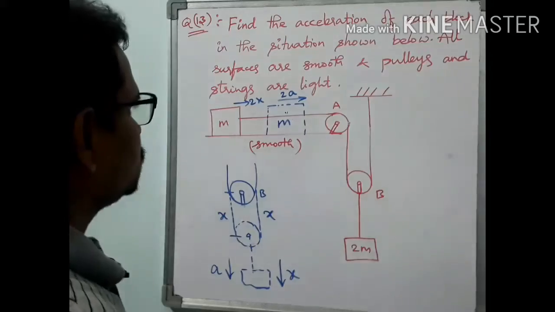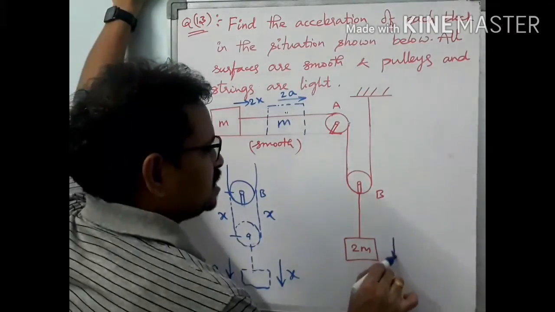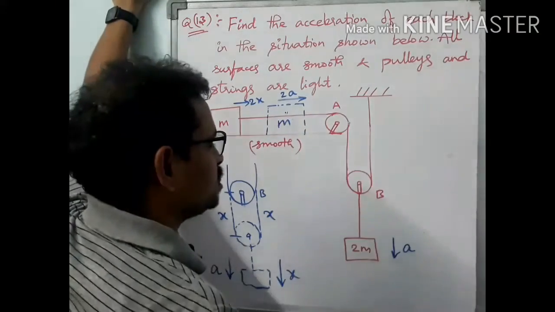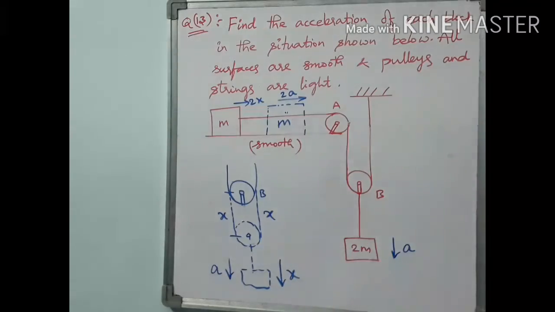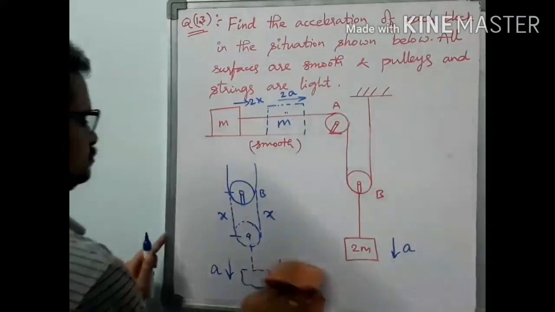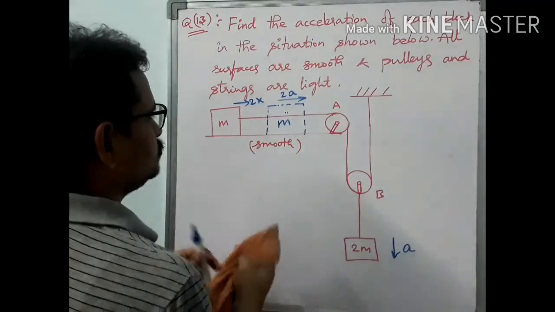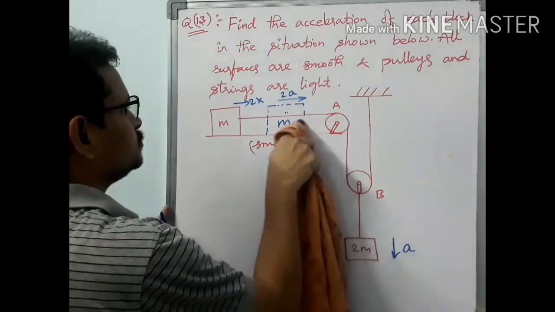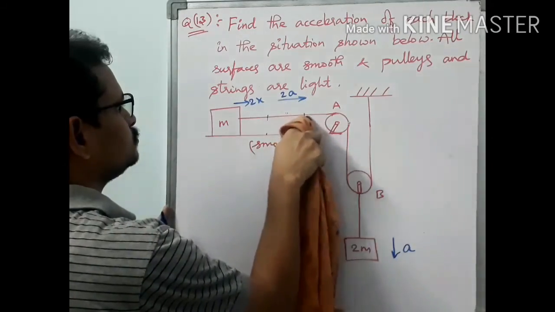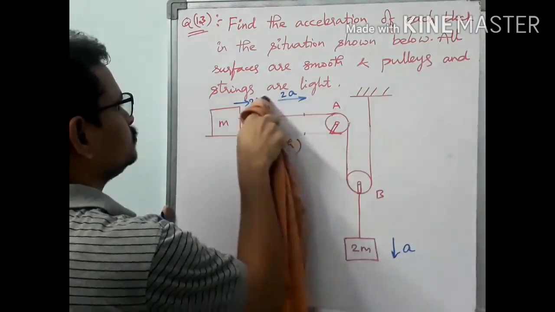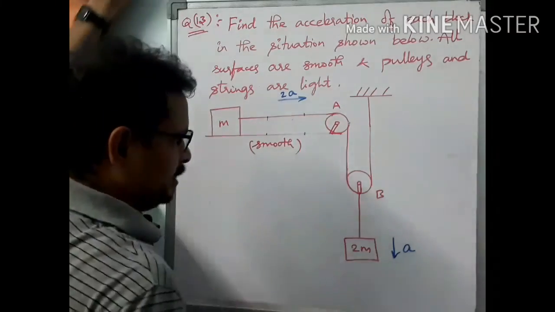Now, so we are ready with accelerations here. This acceleration is a and that acceleration is 2a. Now let us draw FBDs here. So now let us draw tension forces.